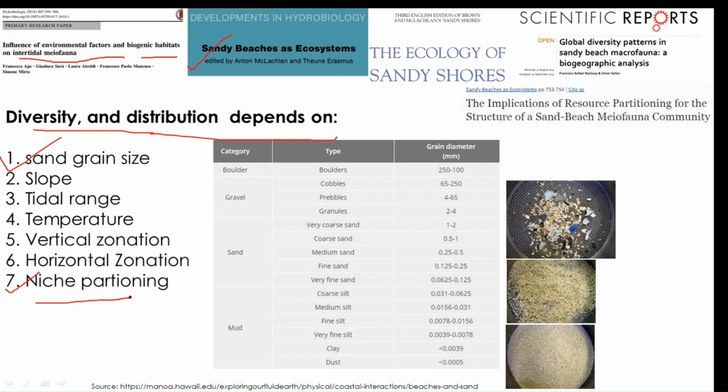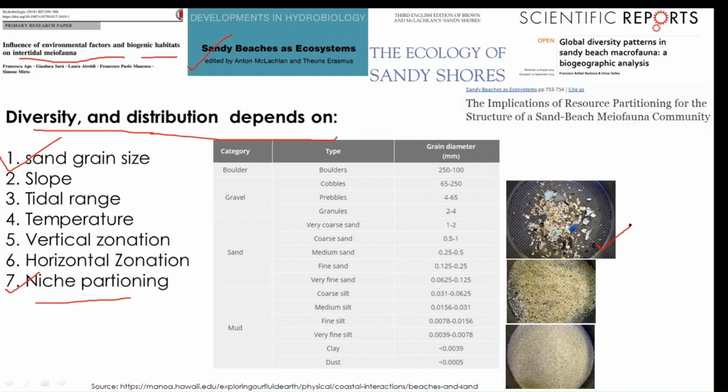So what we understood is that the meiofauna or the macrofauna on the sandy shore depend on various biotic and abiotic factors.